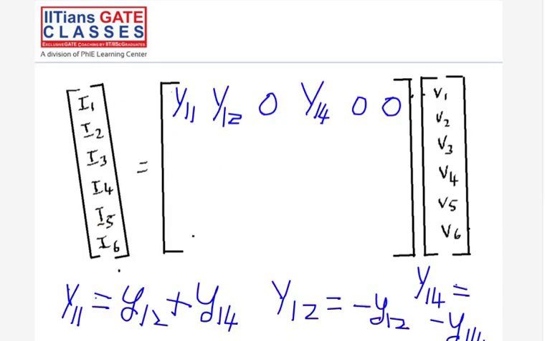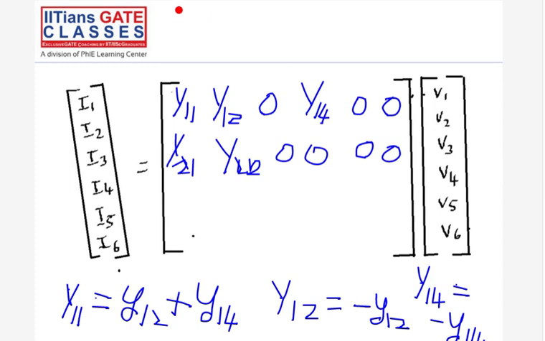So it would be capital Y21, capital Y22, and everything else would be 0, right?